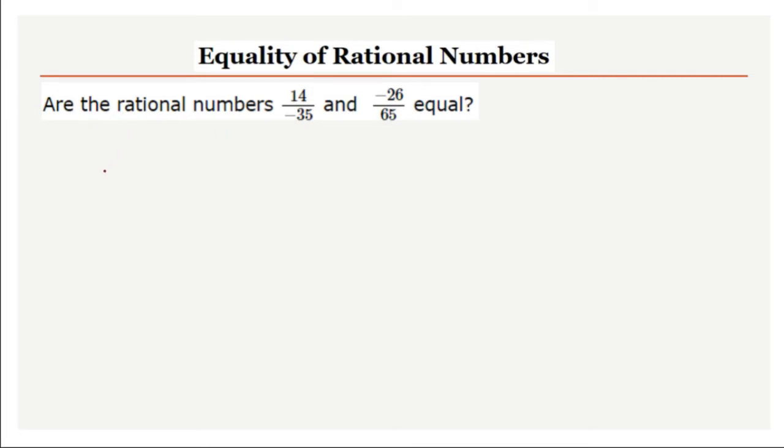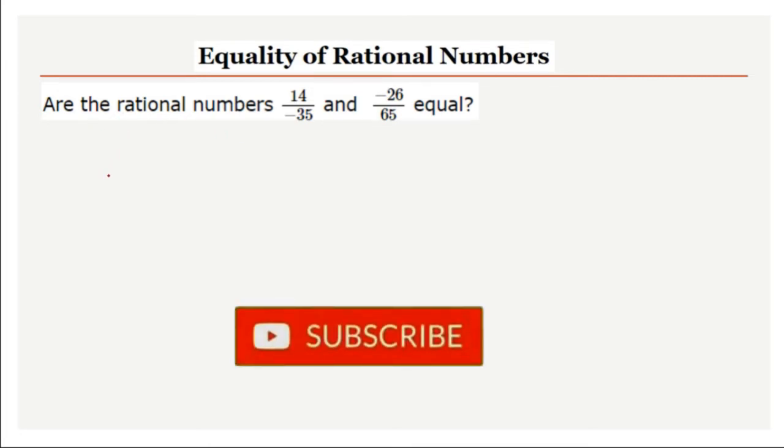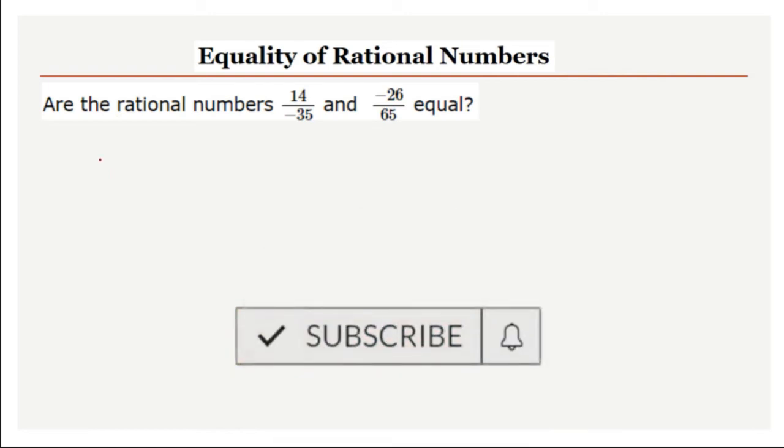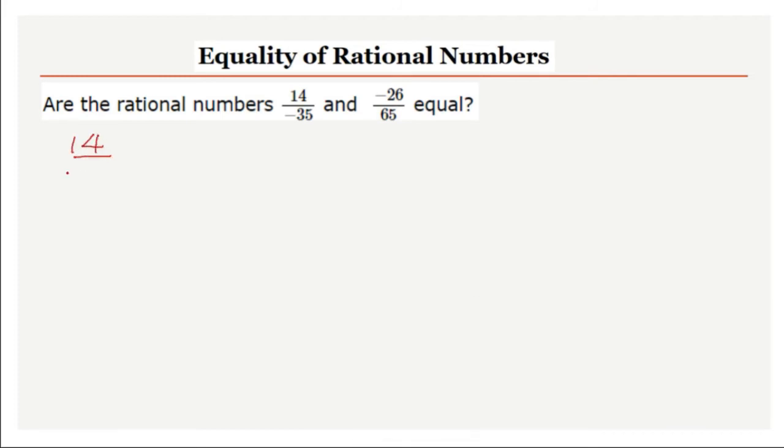Now, 14 upon negative 35 is not the standard form. To express 14 upon negative 35, I need to find out the highest common factor of 14 and 35.